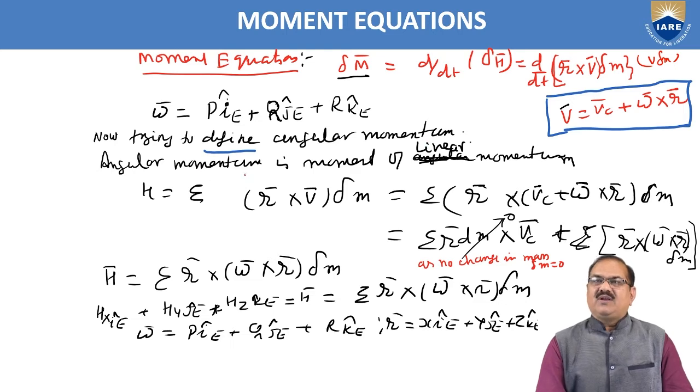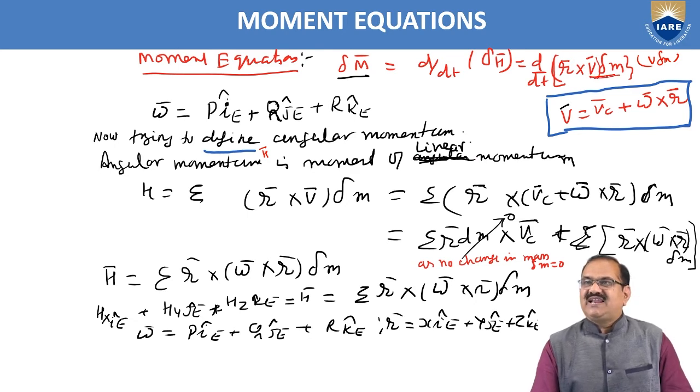Angular momentum is a moment of linear momentum. Angular momentum h bar is the moment of linear momentum. I have shown here this is the linear momentum. So when this linear momentum is cross multiplied by the rotation distance, this is the angular momentum.